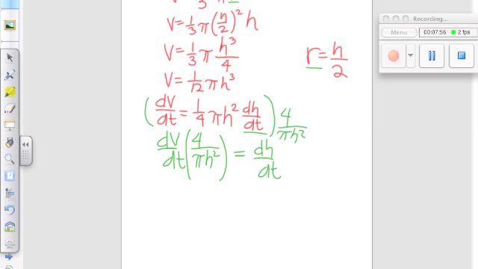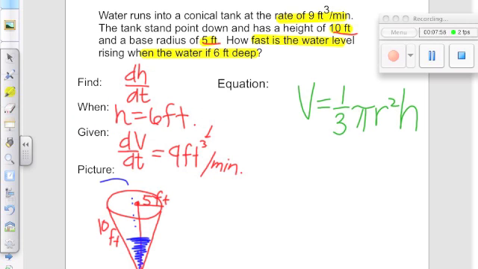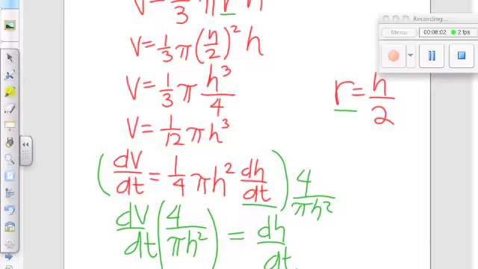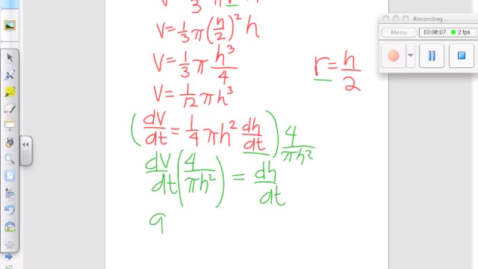So if I go back, dV/dt was equal to 9. So dh/dt is equal to 9 times 4 over pi, and I wanted my h to be 6, squared.